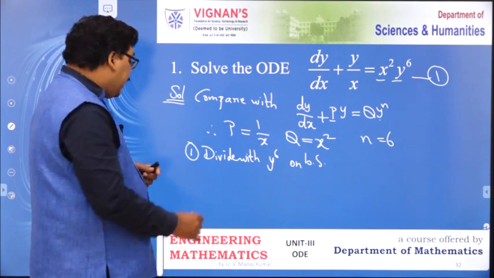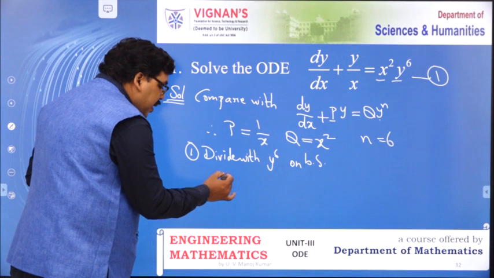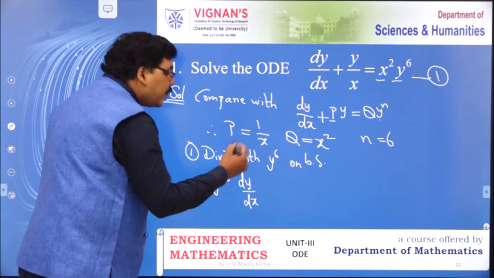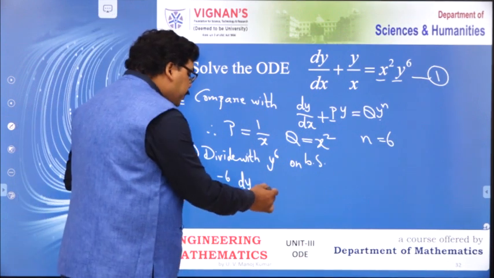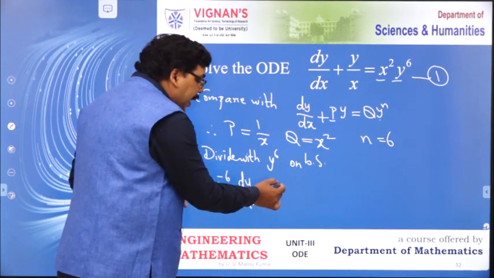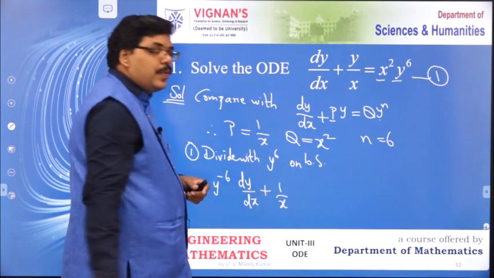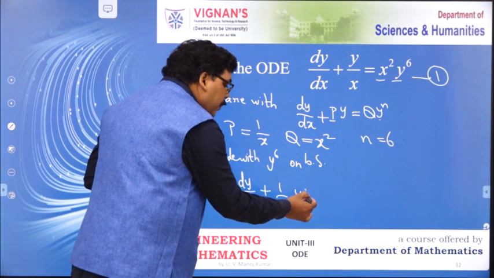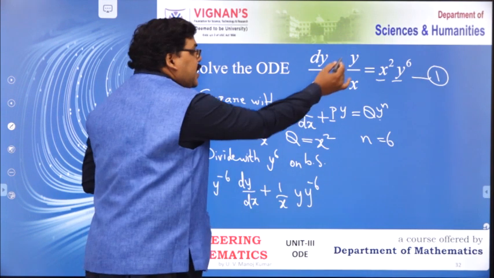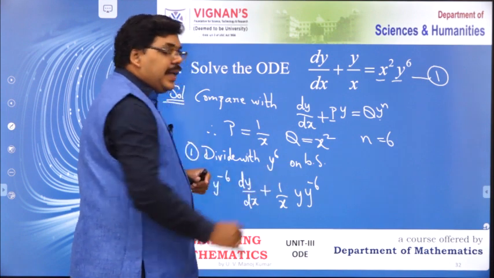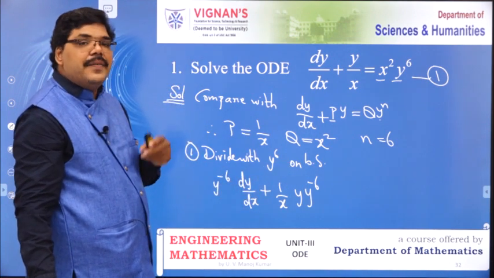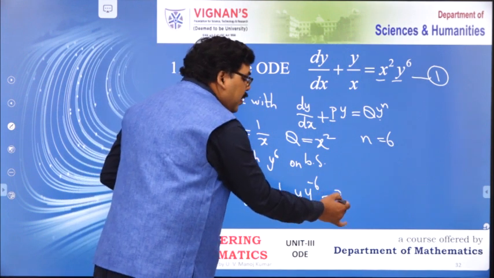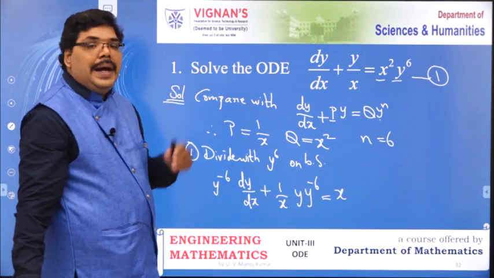When I divide equation 1 with y power 6, I will get 1 by y power 6, that is y power minus 6, into dy by dx plus 1 by x into y into y power minus 6. Already y is in the numerator, and I am multiplying with y power minus 6. Dividing with y power 6 is the same as multiplying with y power minus 6, equals x square.